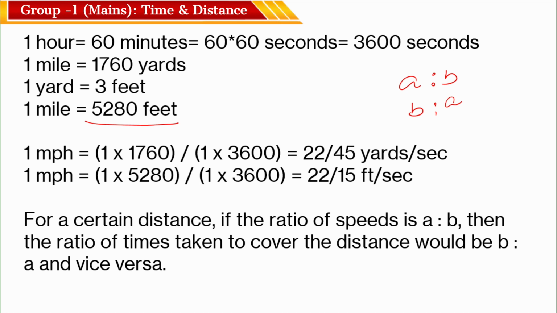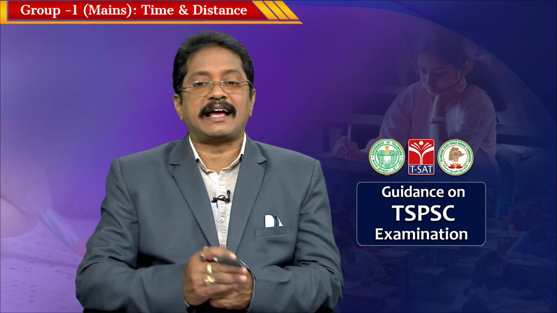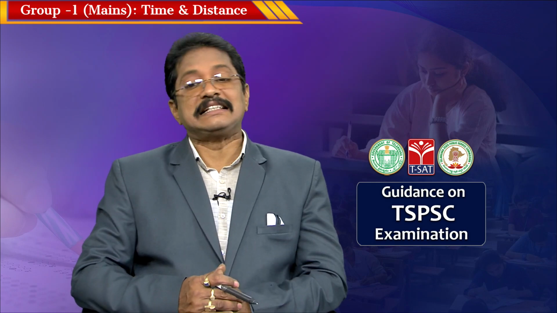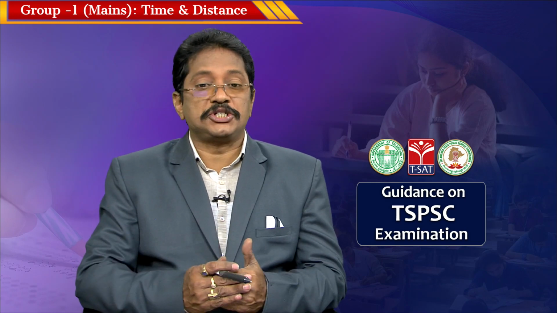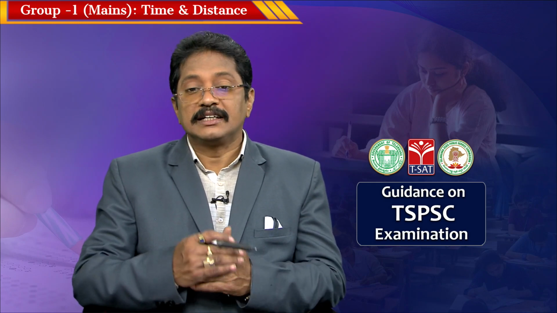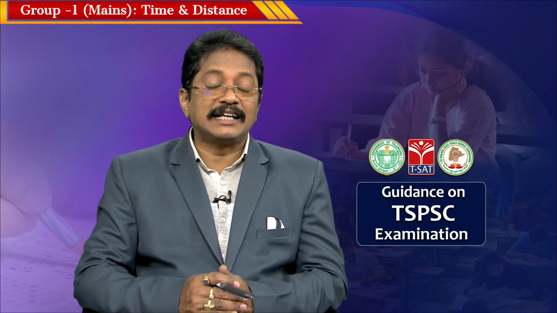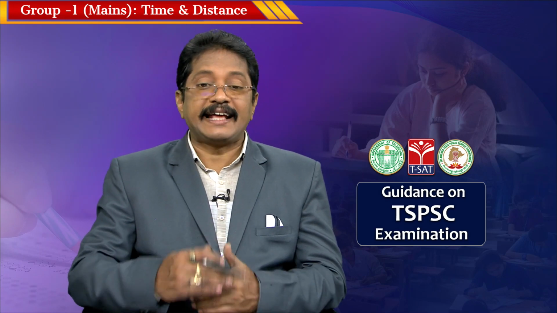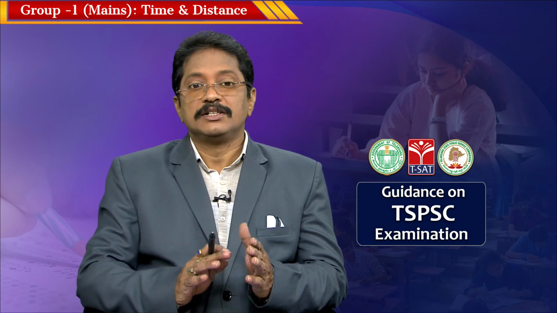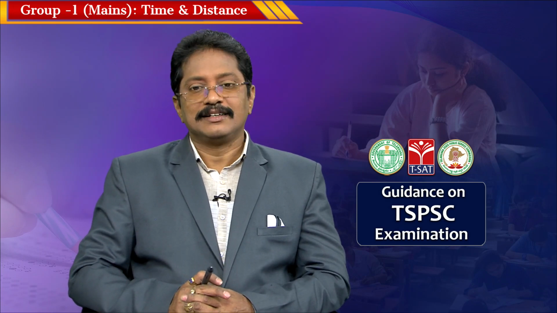Already I said the relation between speed and time: V is proportional to 1 by T, so speed is inversely proportional to time. So, if the ratio between the speeds of a vehicle is A is to B, then the ratio of the time taken to cover the given distance would be B is to A. All these are very important.